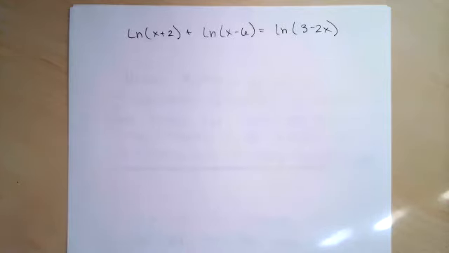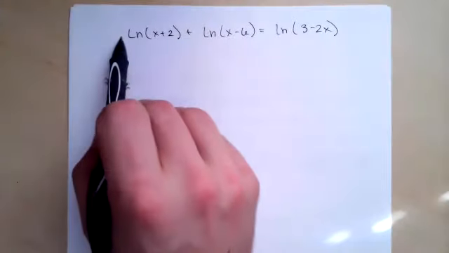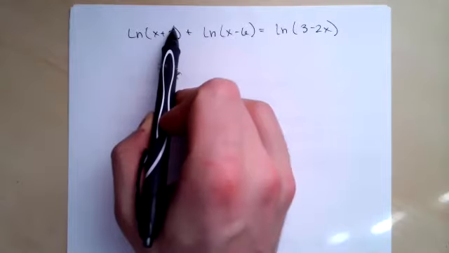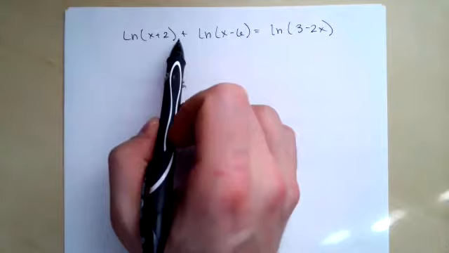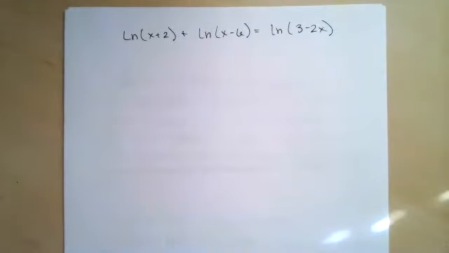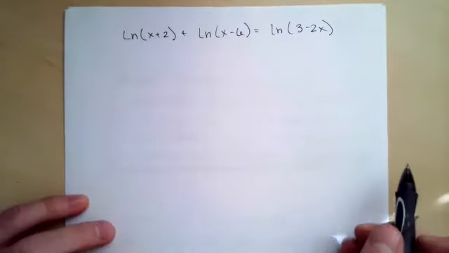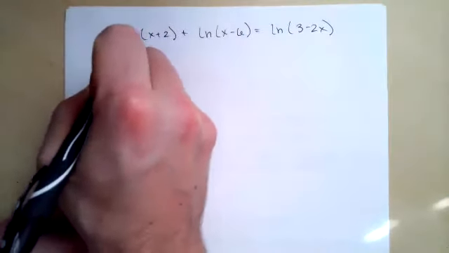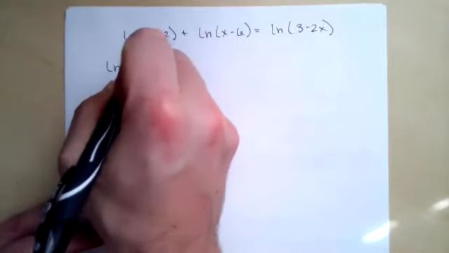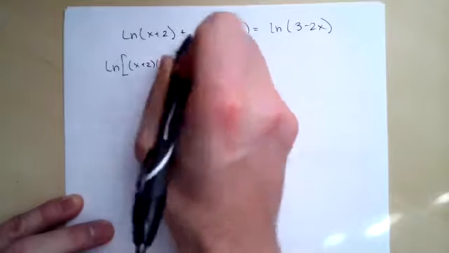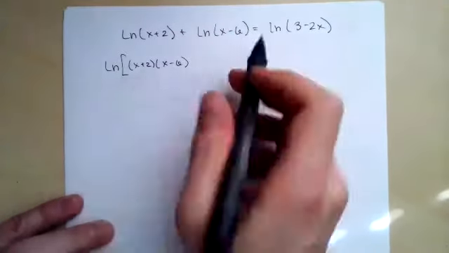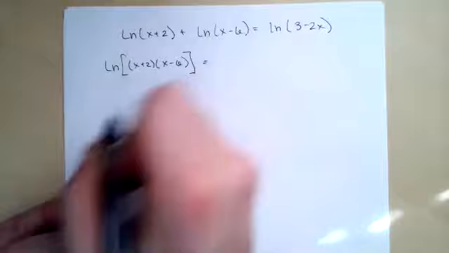We want to combine our logs and write them as a single logarithmic expression. So whether there are constants out front that we need to put up in the exponents, or addition or division outside of the logs that we can then combine as multiplication or division inside of the logs. Let's start with those steps. So this says natural log of x plus 2 times x minus 6. Addition outside the logs, multiplication of the arguments inside of the log.